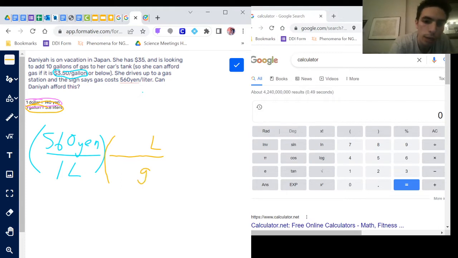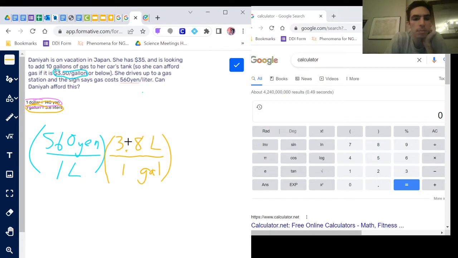Since we want to end up in gallons, and we have our conversion factor between liters and gallons, those are the two parts of this fraction that we're multiplying by. Then to remember what numbers we need to put next to these, we just go over to our conversion factor here: 3.8 liters is equal to 1 gallon.